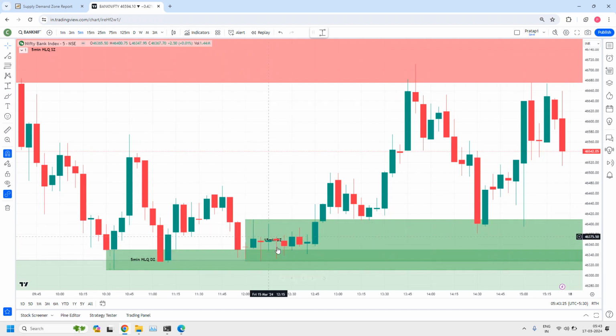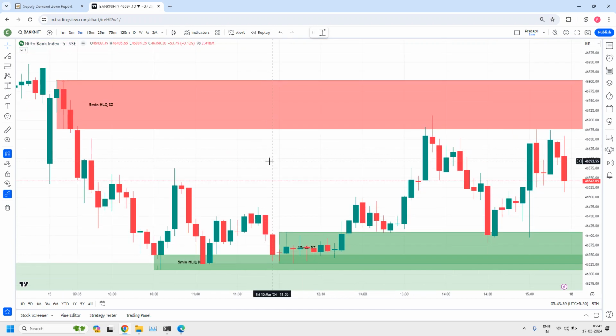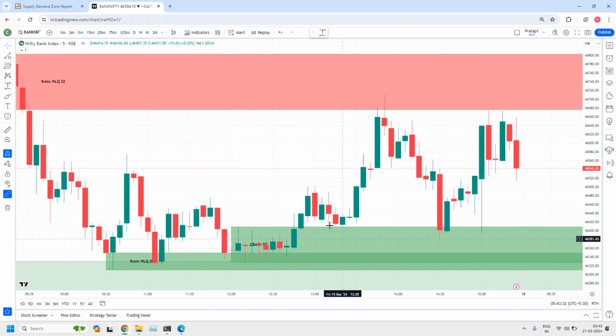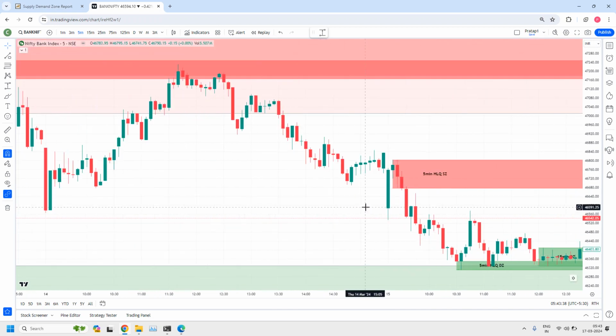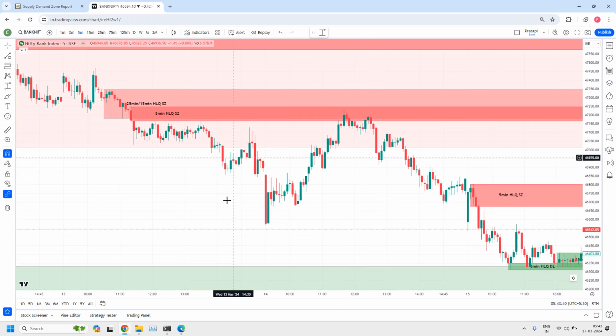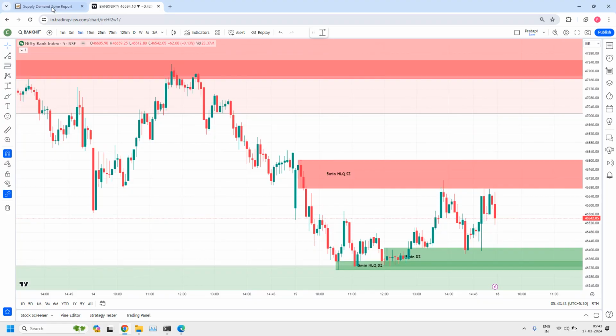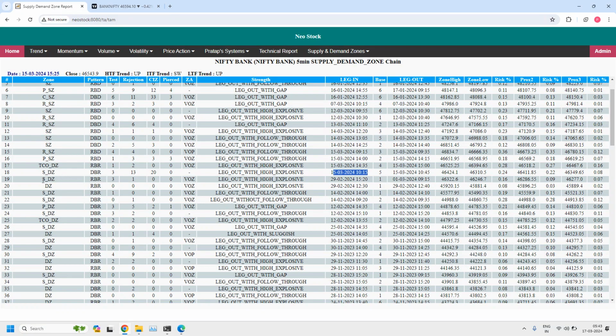Every time prices are coming, it is pushing up. And after that, this 15 minute high liquidity zone is created. And from here, it is picking the orders. Okay, next below there is one more high liquidity zone.